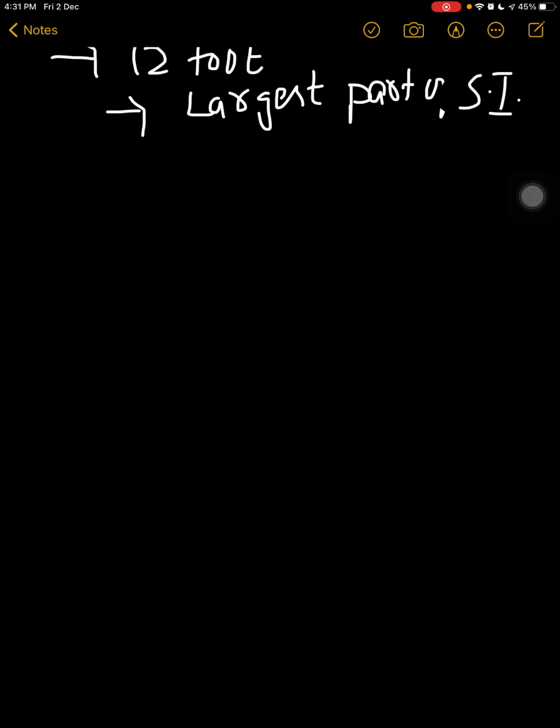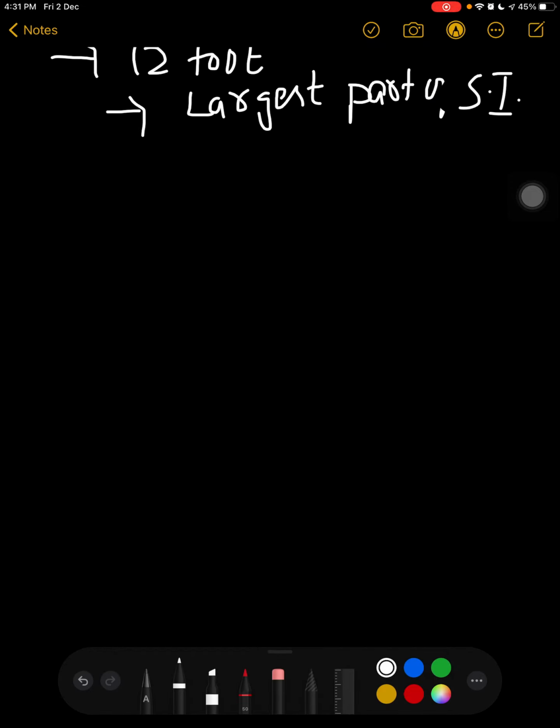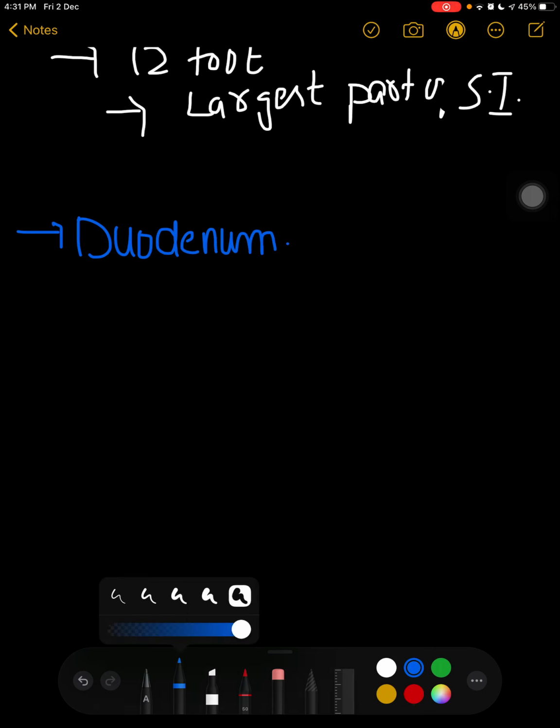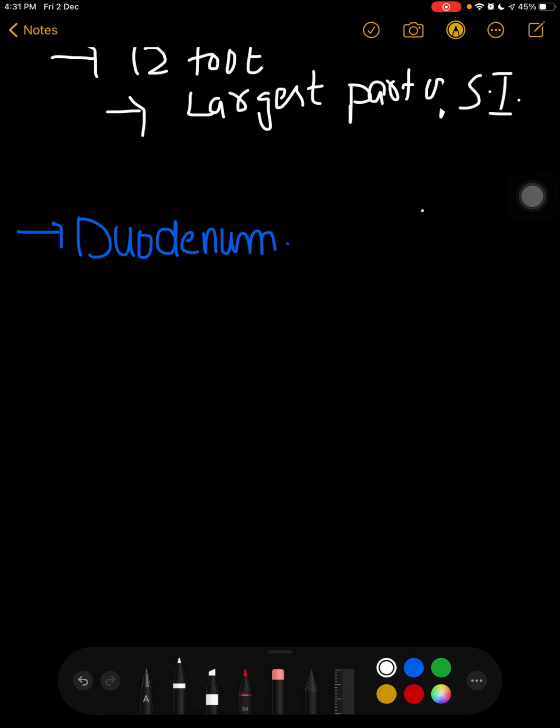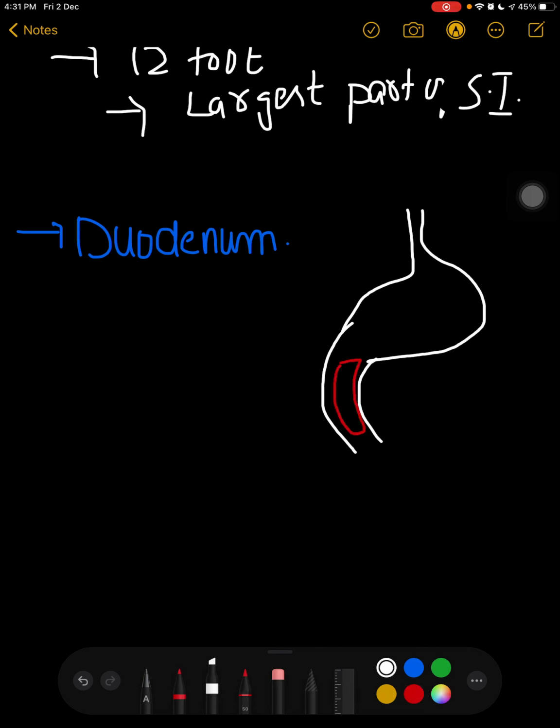Now we will be looking into the basic internal structure of duodenum, right? So consider that over here this is the stomach, and this whole portion is known as duodenum, right?